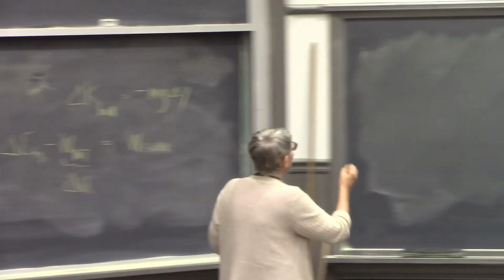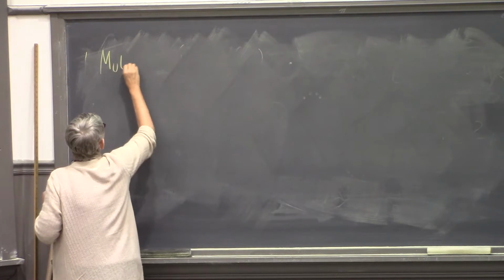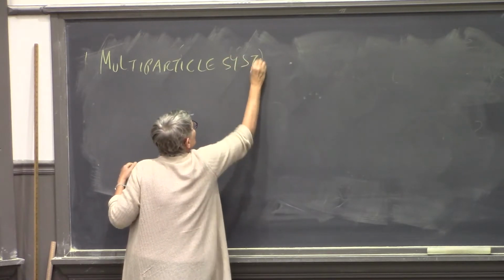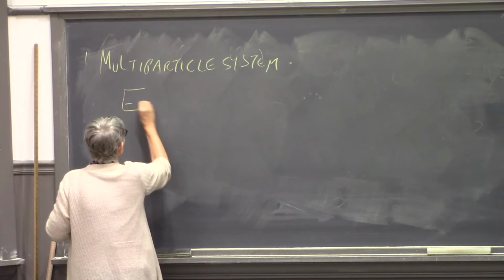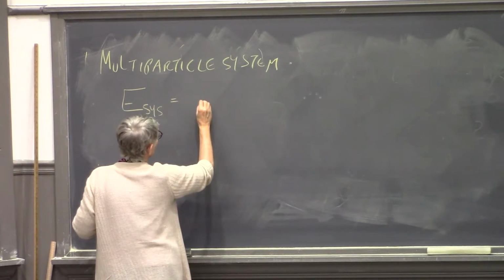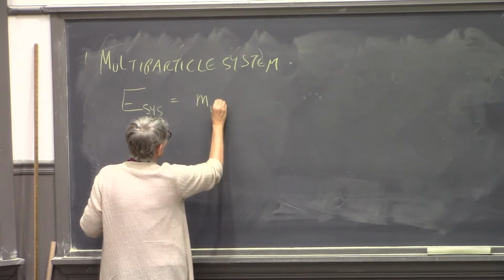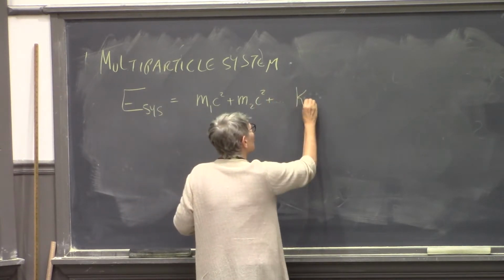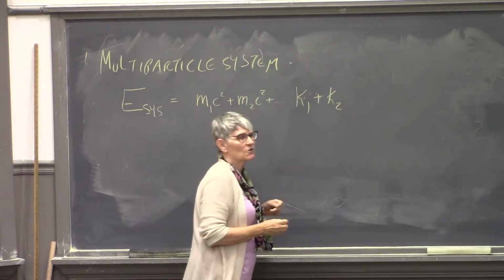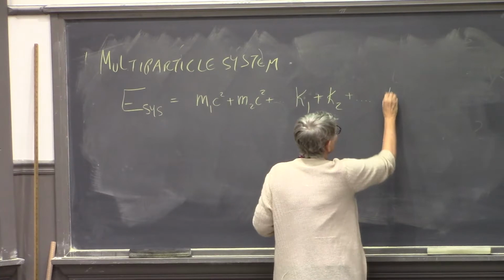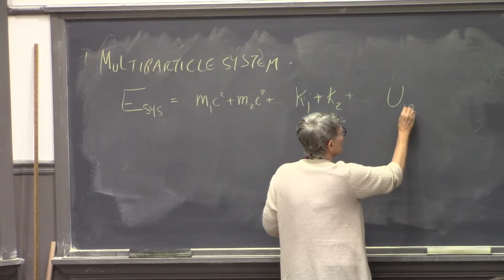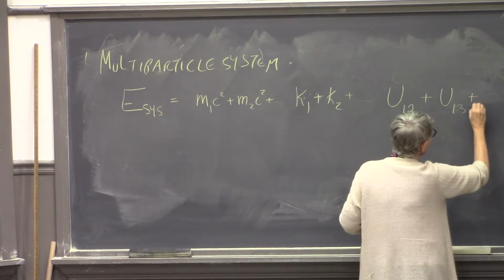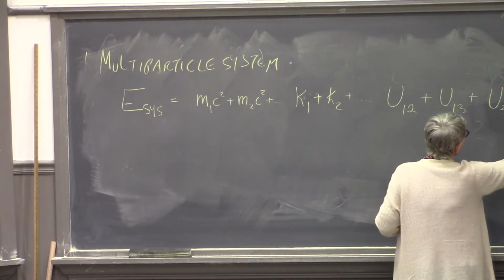So for a multi-particle system, the energy of the system is equal to m1 c squared plus m2 c squared plus kinetic energy of object 1 plus kinetic energy of object 2 plus the potential energy associated with the interactions of object 1 and 2, and the potential energy associated with the interactions of object 1 and 3, and the potential energy associated with objects 3 and 2, and so forth.